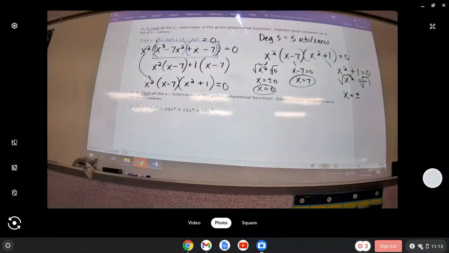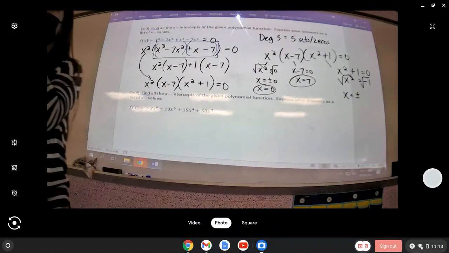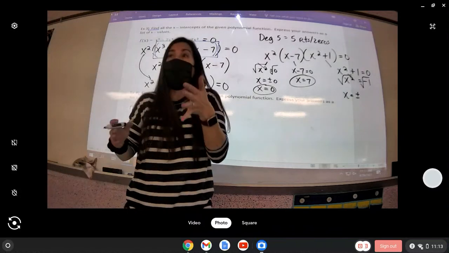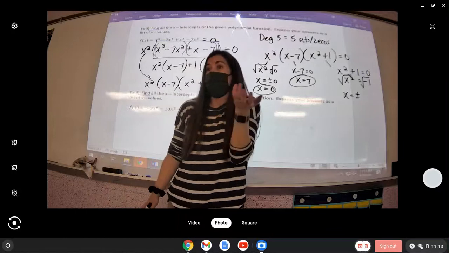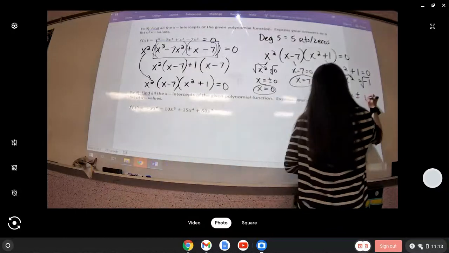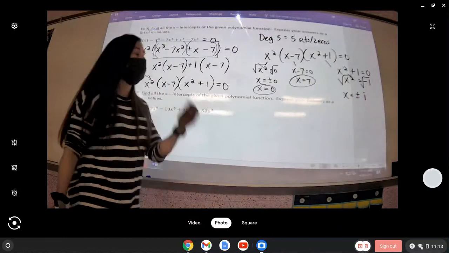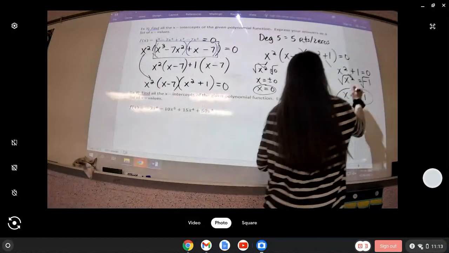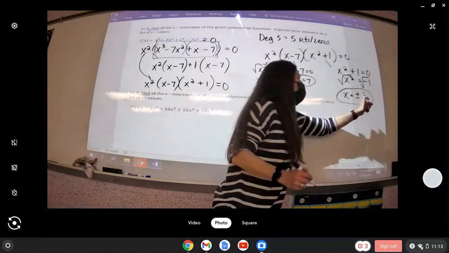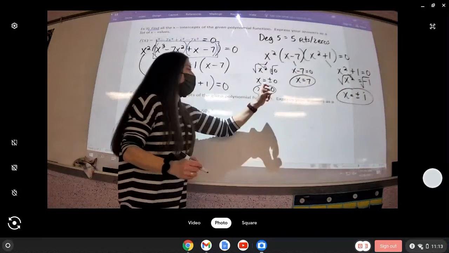That answer is definitely going to be imaginary, but it's an easy one. So actually, anybody remember who the square root of -1 actually was? He was the imaginary number i. So it's plus or minus i.